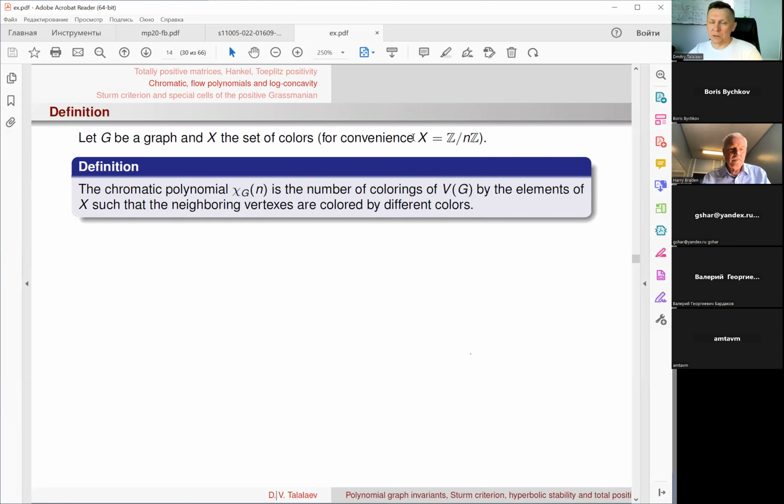For convenience, I will take in mind just n colors, the elements of this ring. The chromatic polynomial of G at n is the number of colorings of vertices of the graph G by elements of X, such that the neighboring vertices are colored by different colors.